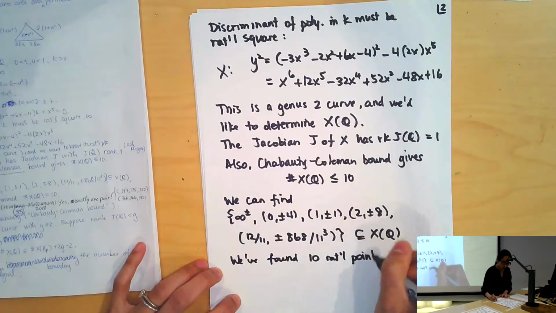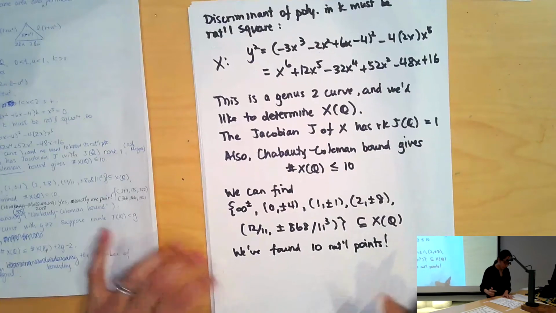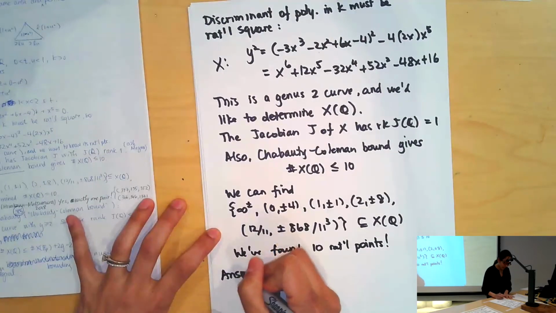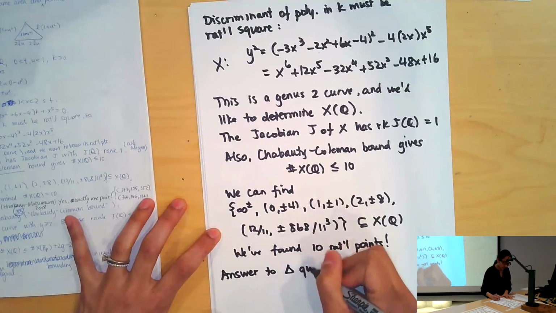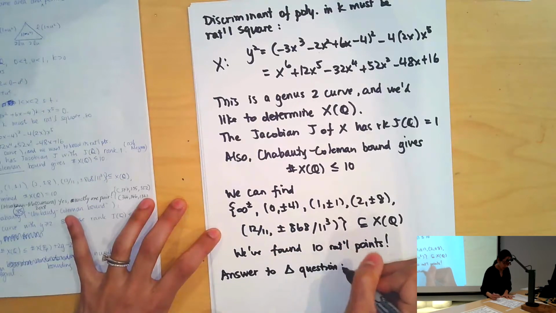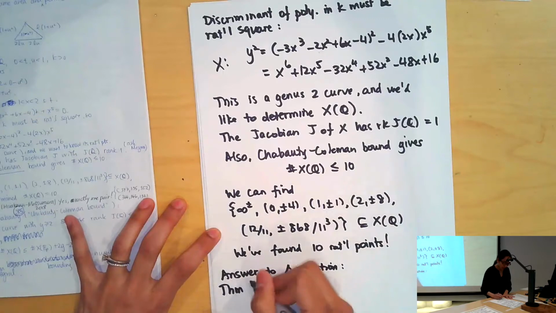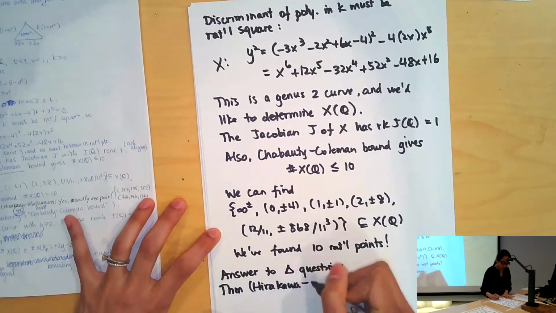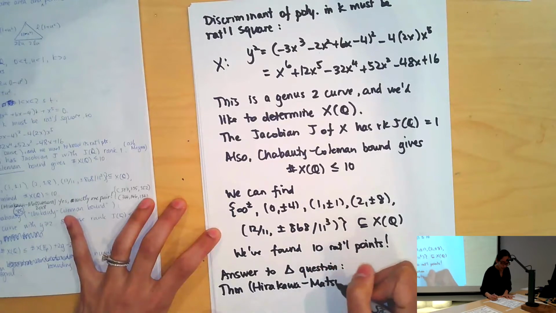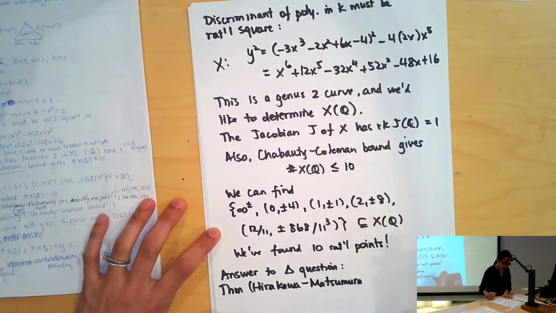So we've determined the set of rational points here. And the answer to the triangle question, so this is a theorem of Hirakawa and Matsumura, who were graduate students at the time, so this is from 2018. The answer is yes, there's exactly one pair.